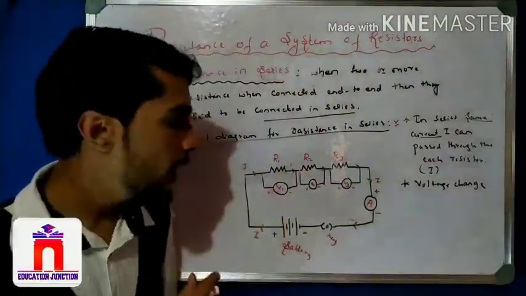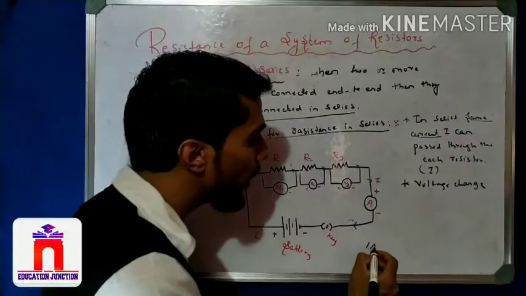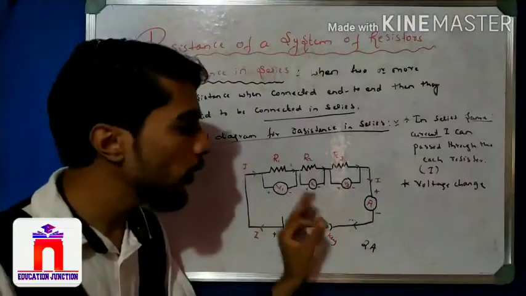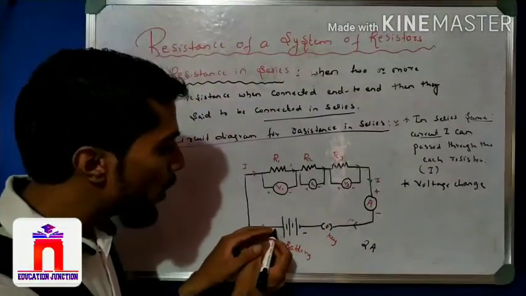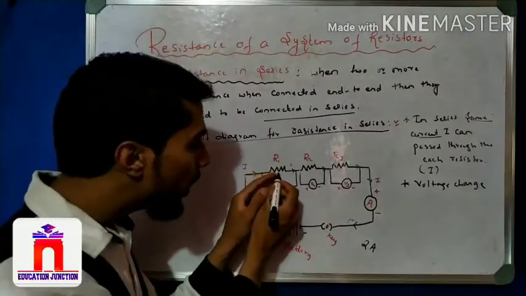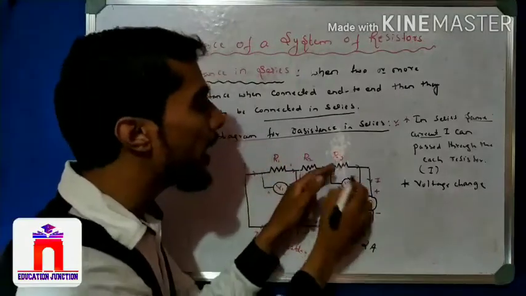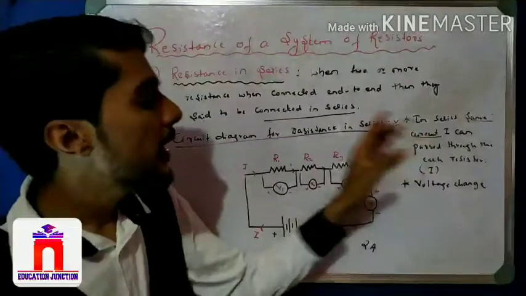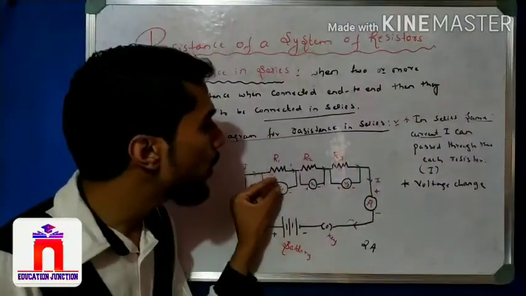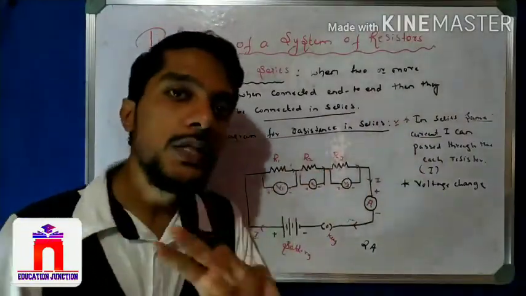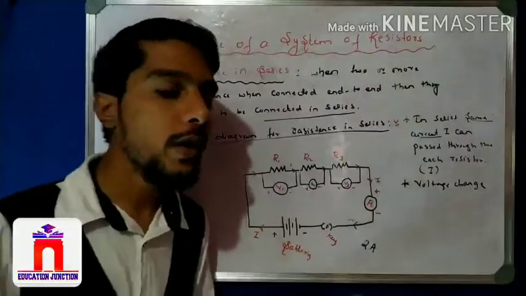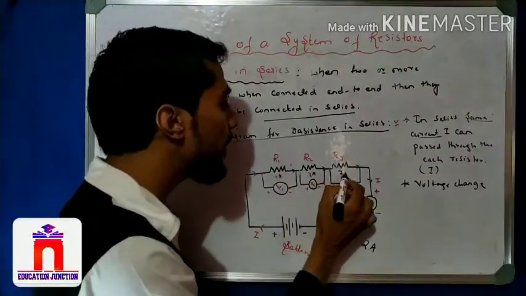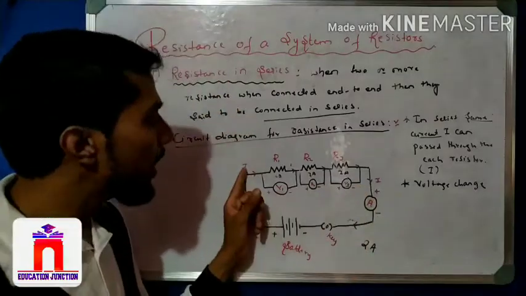For example, if 2 amperes of current is flowing in the circuit, then 2 amperes is flowing in R1, R2 also 2 amperes, and R3 also 2 amperes. There is no change in the current. So we say that in the series circuit, R1, R2 and R3 receive the same quantity of current, that is 2 amperes, which we call the current I.